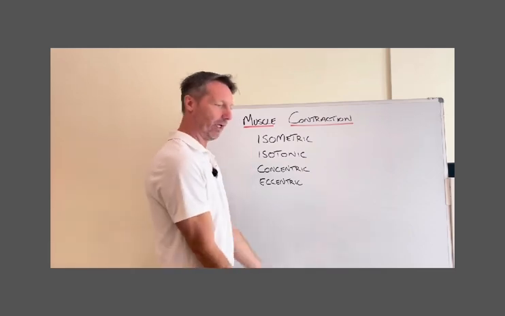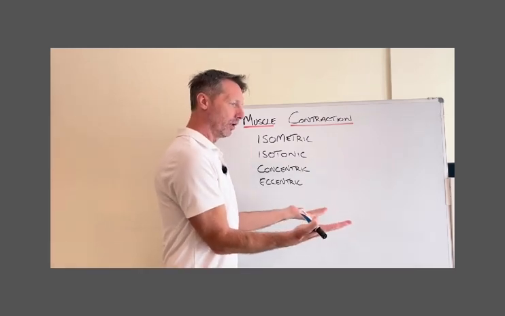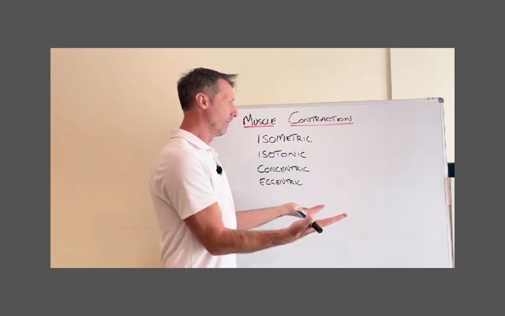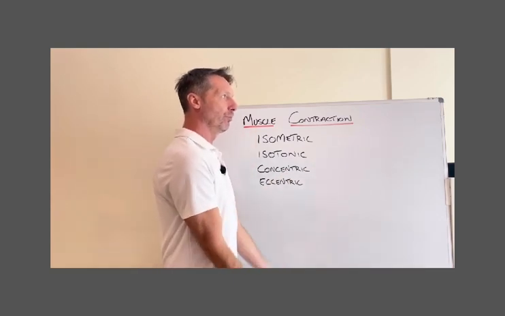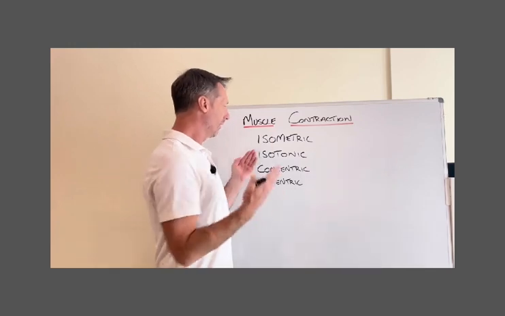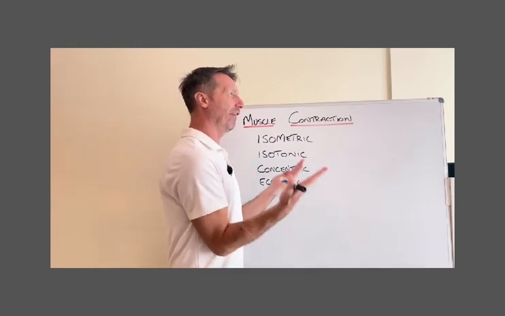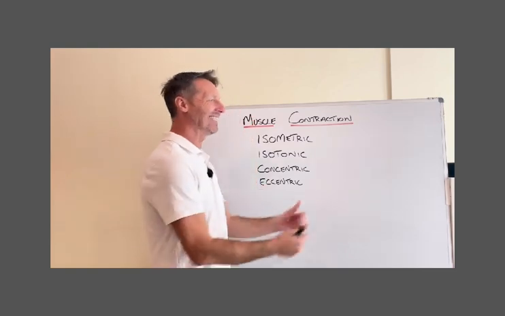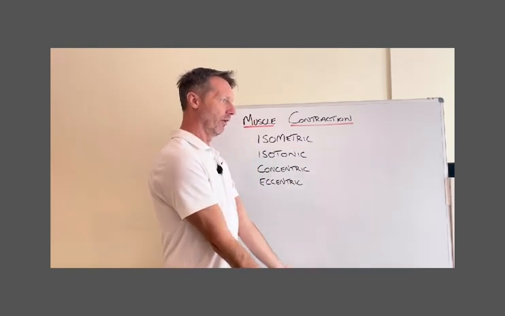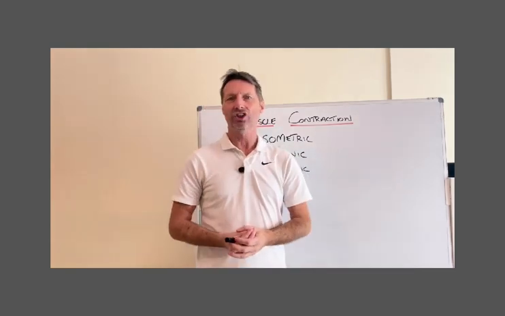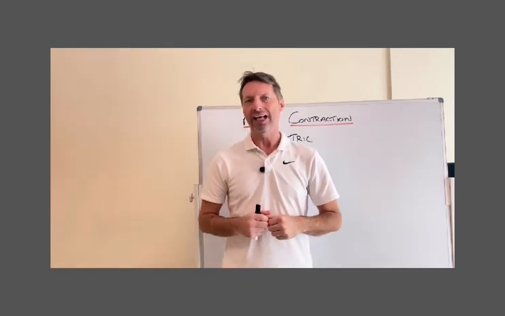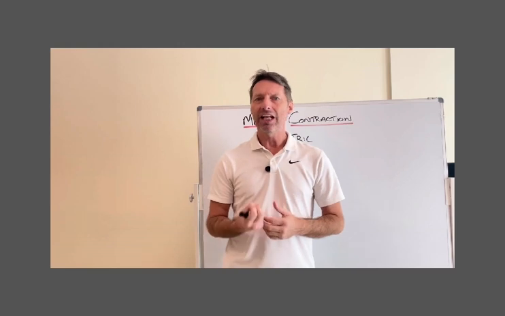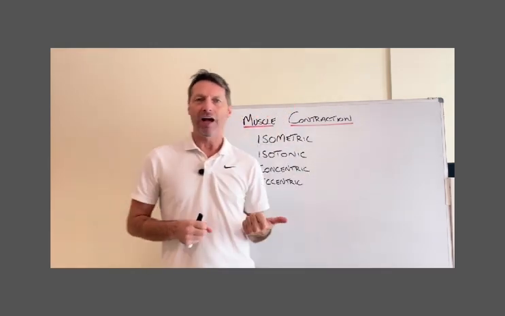So isometric, hold the joint at the same angle where there's no movement within the muscle. Isotonic, there is movement within the muscle. Concentric is the upward phase of the joint action, and eccentric is the downward phase of the joint action where the muscle is under tension. It's contracting as it gets longer. So I hope this helps with muscle fiber types.